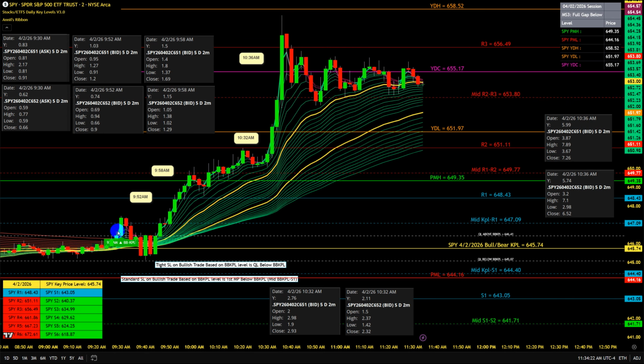So buying on the close of this candle, on getting both the bull bear KPL bullish entry signal here, as well as the ribbon being all green, we're entering on the close of this candle, so those are the prices.